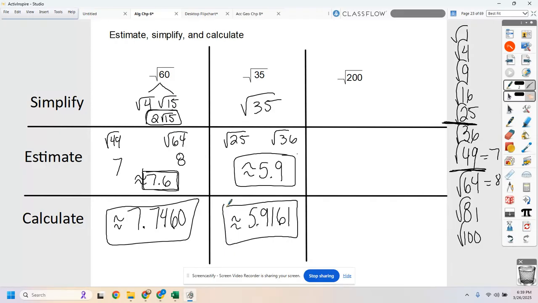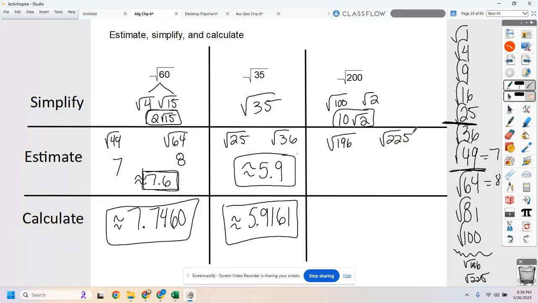Okay, 200. Square root of 200 is square root of 100 times square root of 2, so 10 square roots of 2. This would be my simplified answer. Now when I go to estimate, square root of 200 is between, here's my little line, square root of 196 and square root of 225.